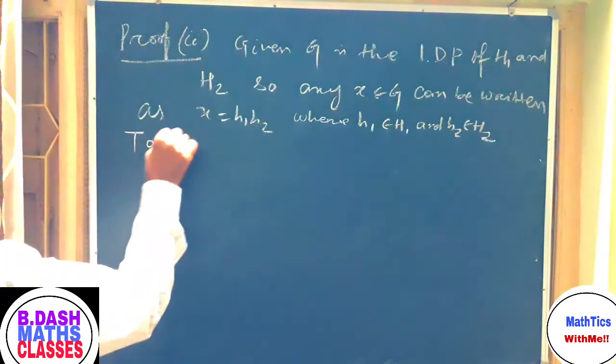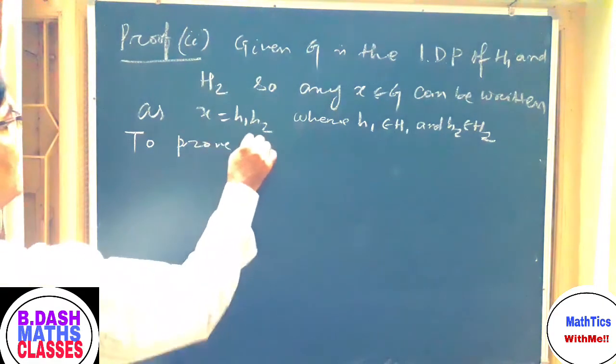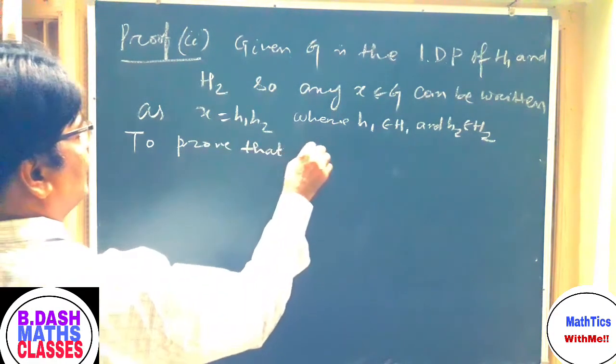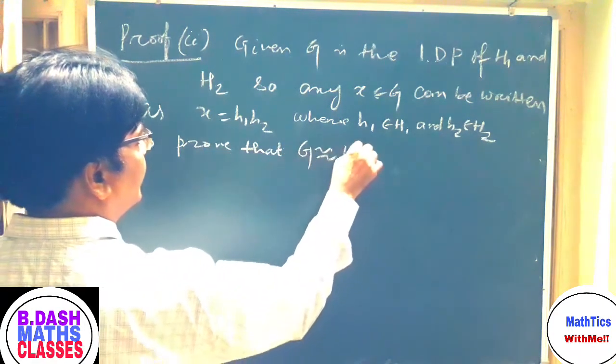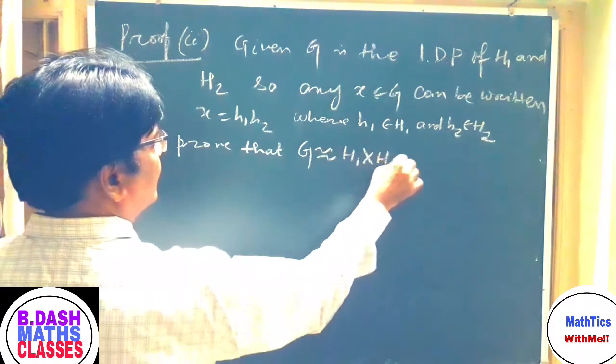To prove that G is isomorphic to H1 cross H2.